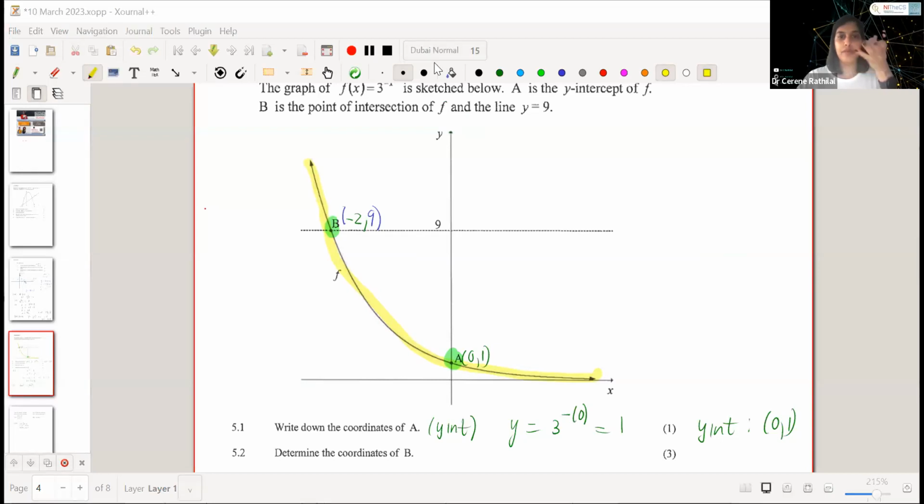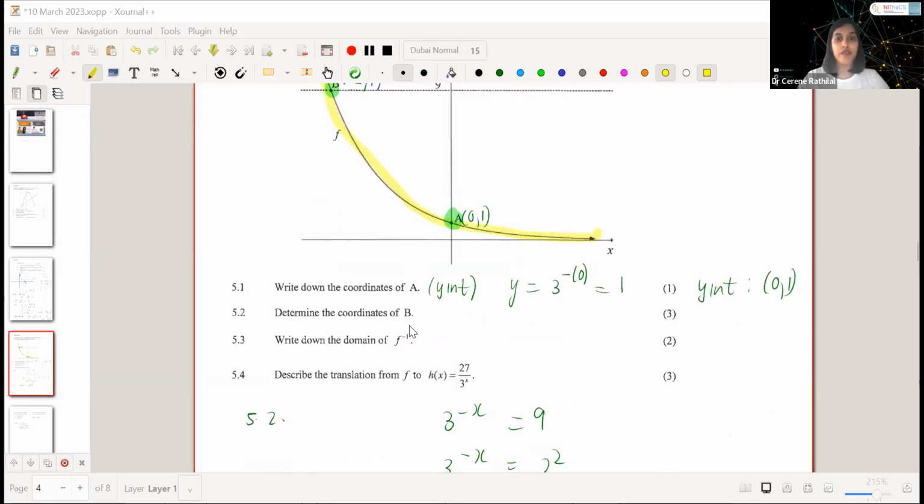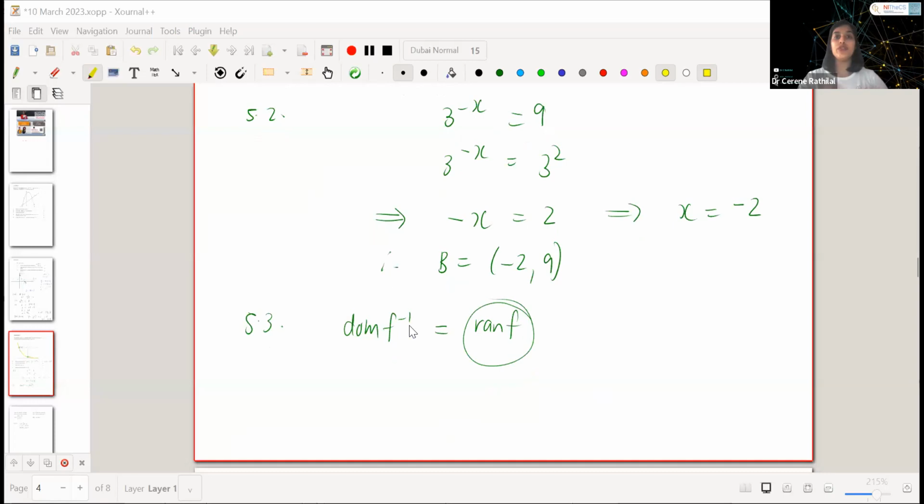Great, I'm seeing precisely the same explanation. Thanks, Keuru. We see that the values in the range are all values that are bigger than 0, for the y. So y must be bigger than 0. If I translate that to the domain of f inverse, it means I'm only going to consider all of the positive values.